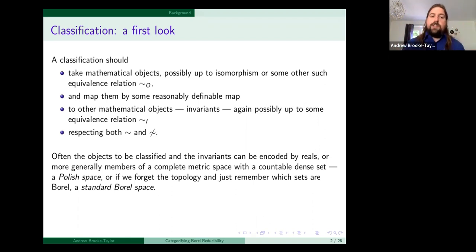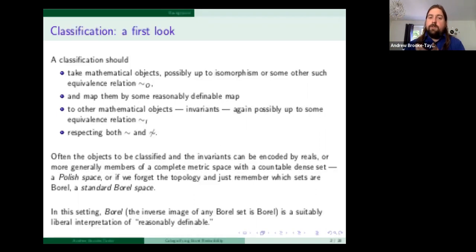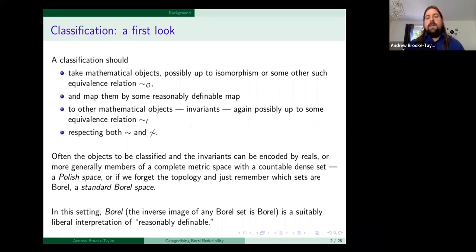So a classification should take a standard Borel space with an equivalence relation by some reasonably definable map to another standard Borel space with an equivalence relation, respecting the equivalence relation and its negation. So then what should reasonably definable mean? Well, in this setting, Borel, so the inverse image of any Borel set is Borel, that's a suitably liberal interpretation of reasonably definable. So that's the very broad framework of Borel reducibility.